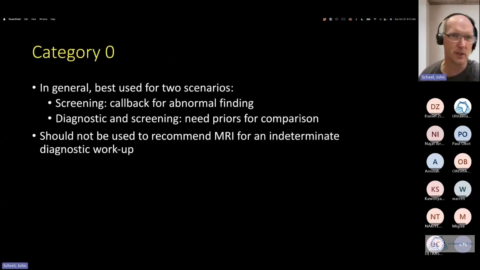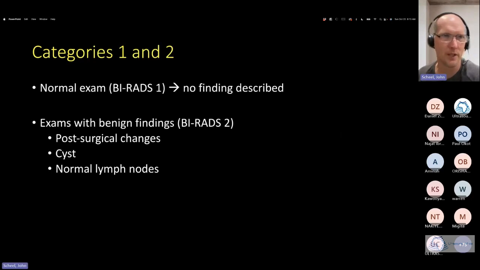So category 0, typically we do not use for diagnostic exams. It's usually used for screening, but it is used to say that I need more images. Either we need priors to compare to, or we need a mammogram or something like that. 1 and 2, if you just say a normal exam or no abnormalities, there's no findings described, then it's BI-RADS 1.